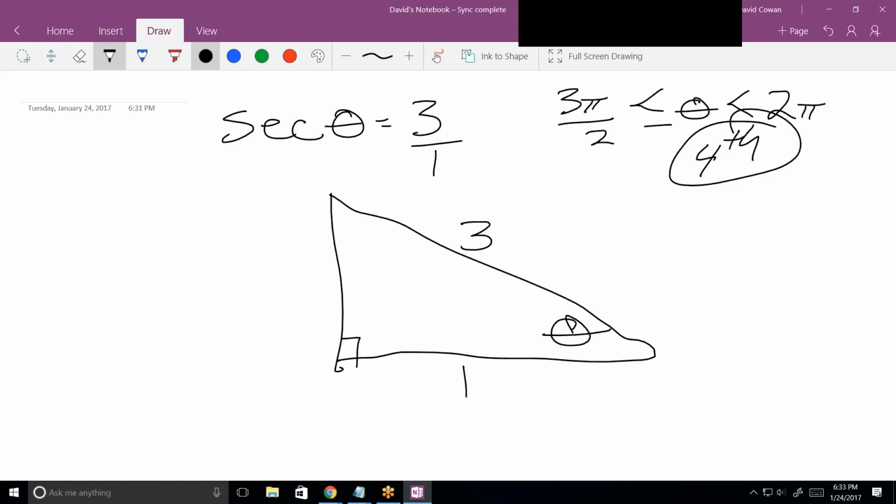If that's 3 and that's 1, what's this side opposite theta? You want to get so you can do these pretty fast. When you have the hypotenuse and one short side, the other short side is always the square root of the hypotenuse squared minus the other short side squared.